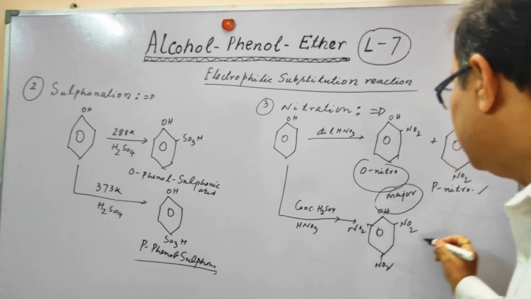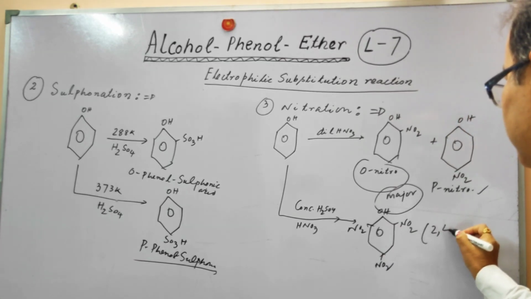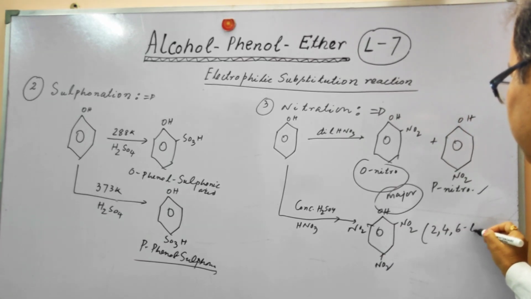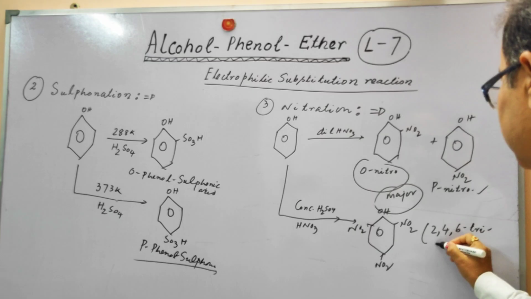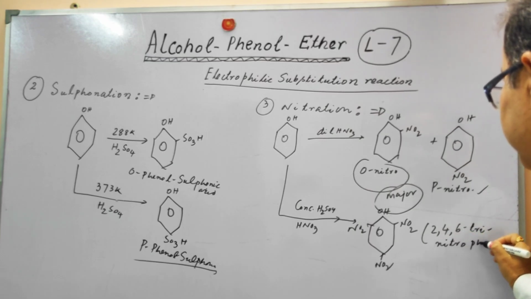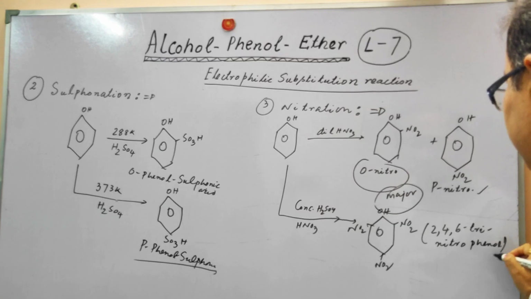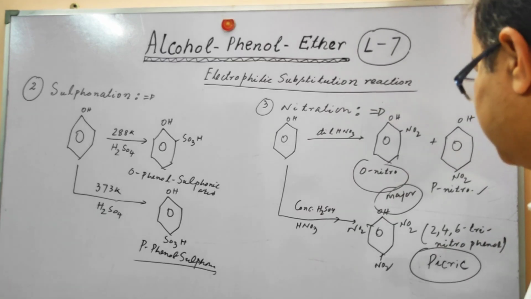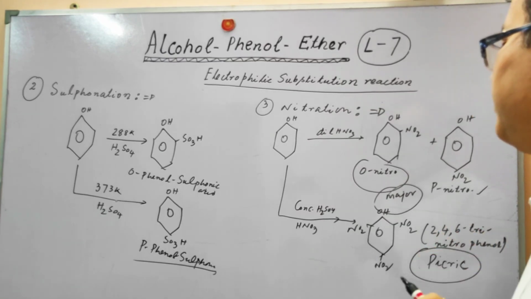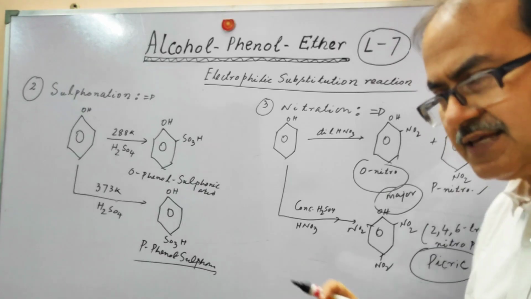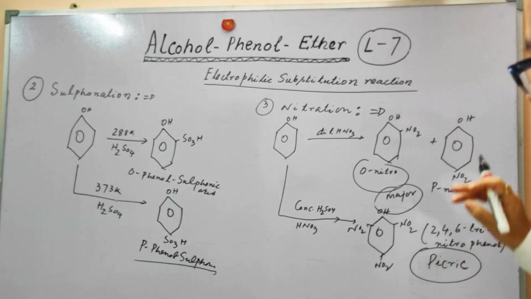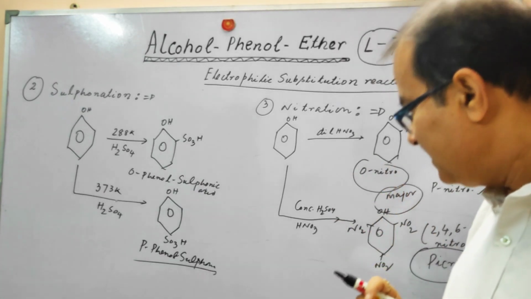This is 2,4,6-trinitrophenol, and it is also called picric acid. But in this way, when we produce the picric acid, the yield is very much less.